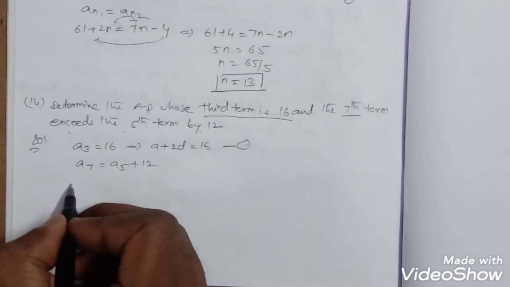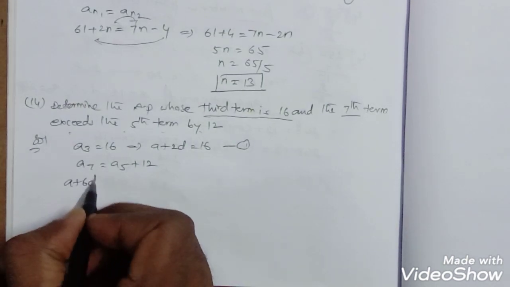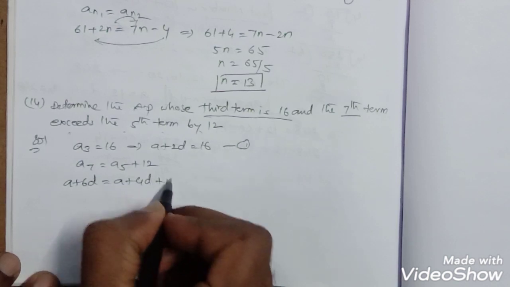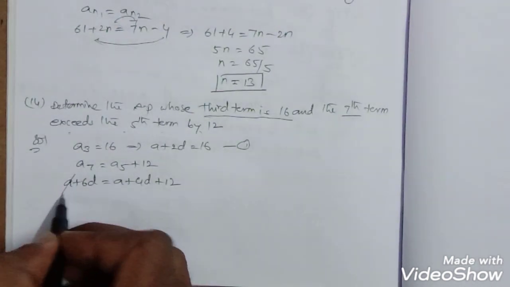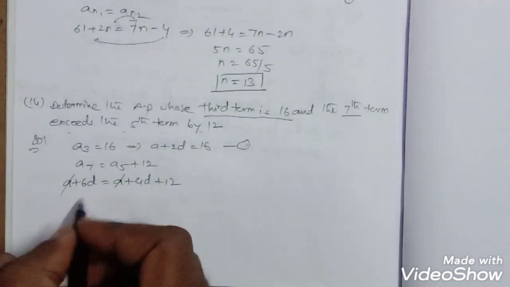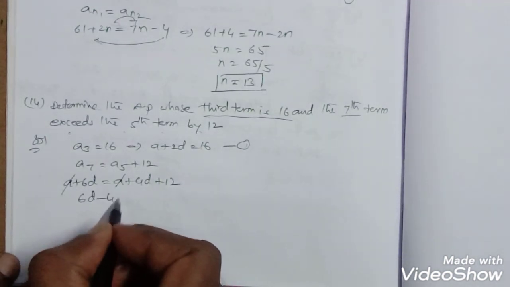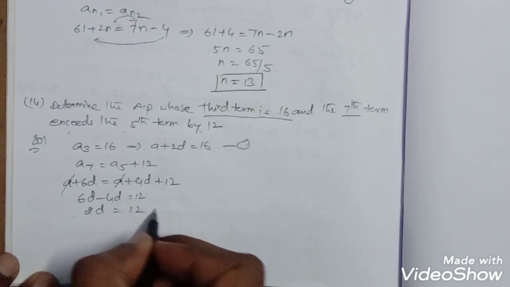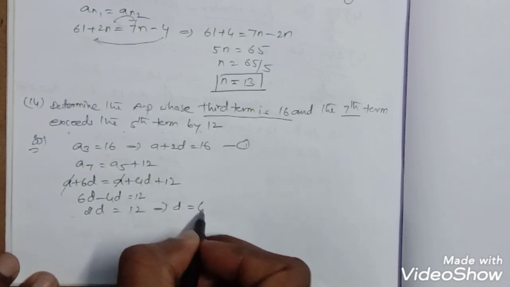Now a7 is nothing but a plus 6d is equal to a5, which we can write as a plus 4d plus 12. Now here the a value is common, just cancel it. Now what will you get? 6d minus 4d is equal to 12. So 2d is equal to 12, means d is equal to 6.